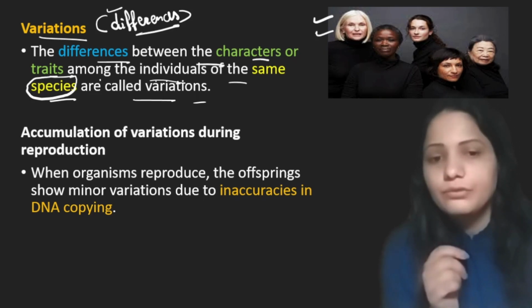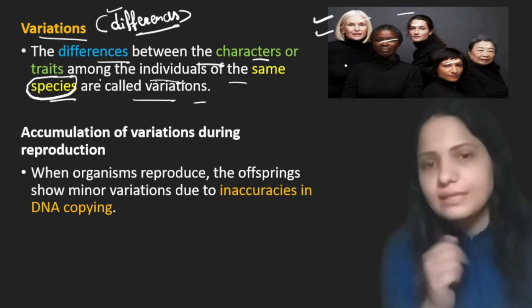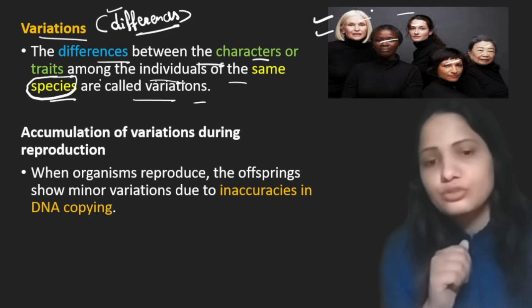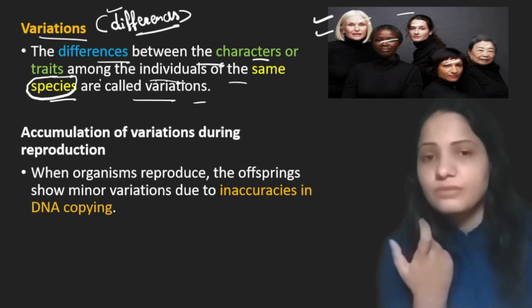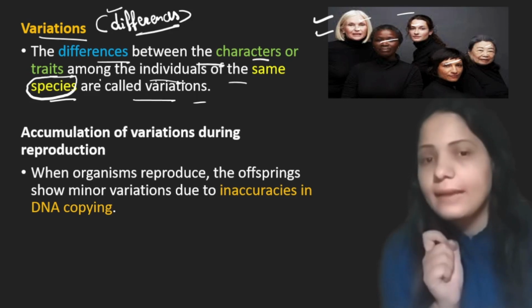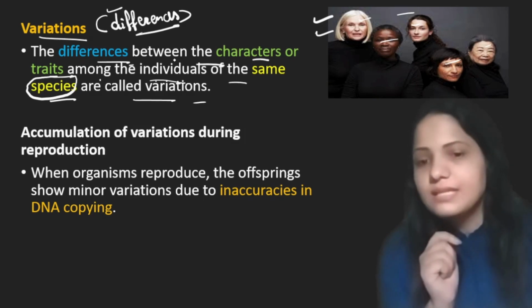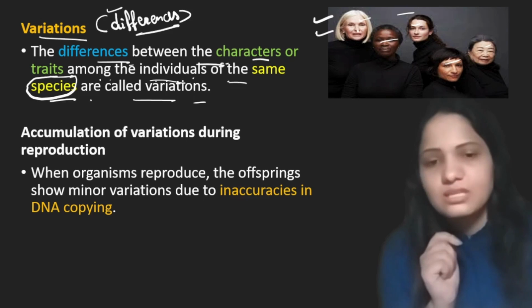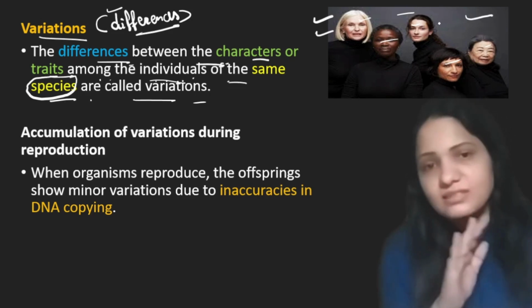If you correlate this with the picture given here, you can see that their skin color is different. This difference in skin color is variation in skin color. So skin color is a character, a trait, and there is a difference in this character in the population of human, and human is a species. These are individuals of the same species, but they are not the same.